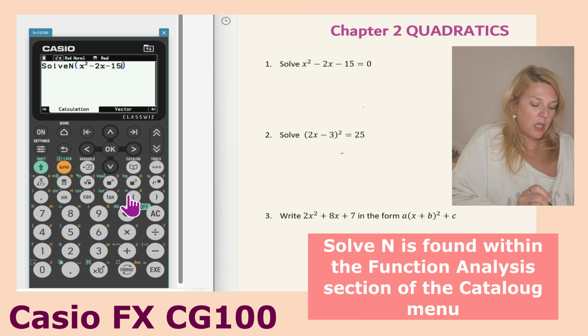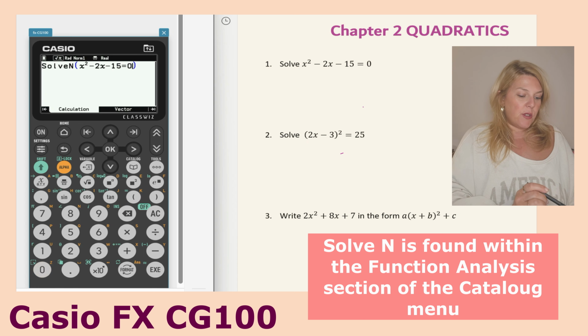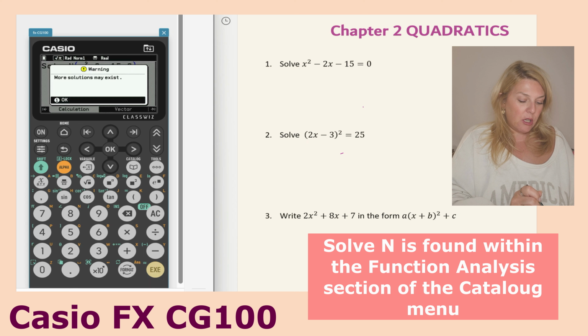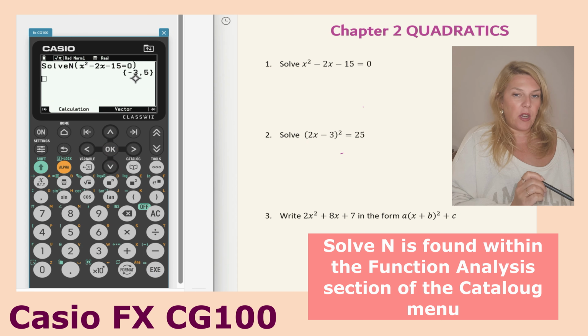Then to get this turquoise equal sign, I need to press shift and then the open bracket. And then I put 0 in. Okay. That's it. Press execute, and it will warn you that many other solutions may exist. So you press OK, and then it gives us the solutions in the curly brackets, -3 and 5.